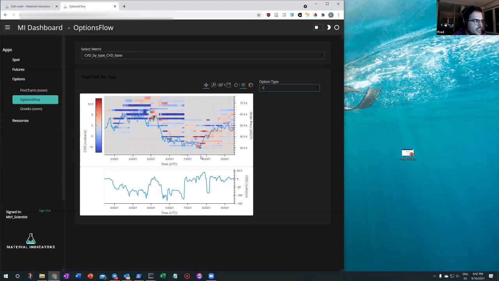This is the total CVD across all expiries and across all strikes, and it's showing this as a heat map for the call type options. For example, in this distribution at the top, you see that we have many people who sold calls because they wanted to fade this move, and this is pretty much what happens.